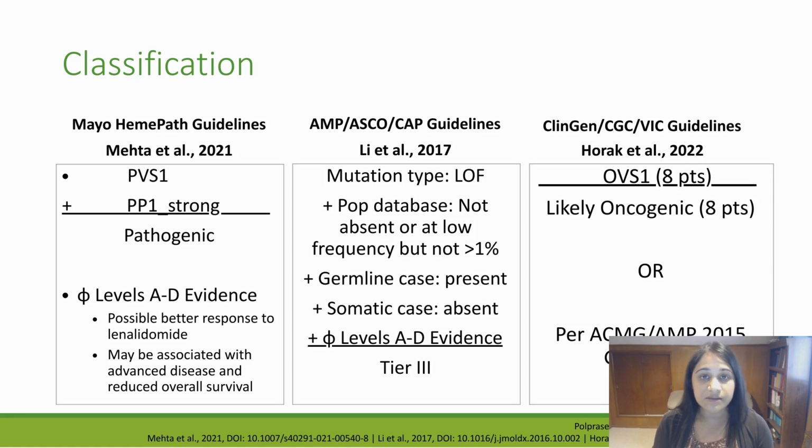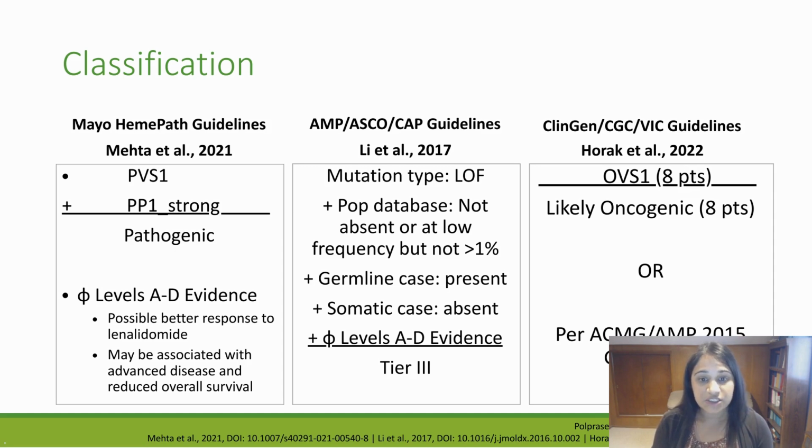Unfortunately, all the tiers 1 through 4 can coincide with germline cases being present or absent, so the germline data doesn't help distinguish the tier. What ultimately helps determine the classification is the lack of consensus around a therapeutic or prognostic effect, which moves the classification to Tier 3.